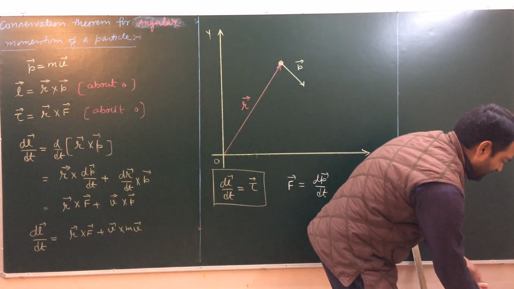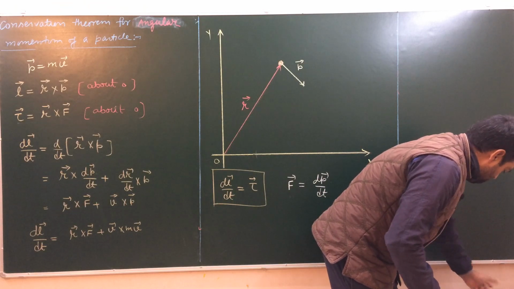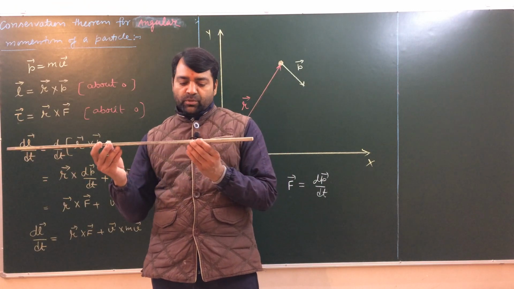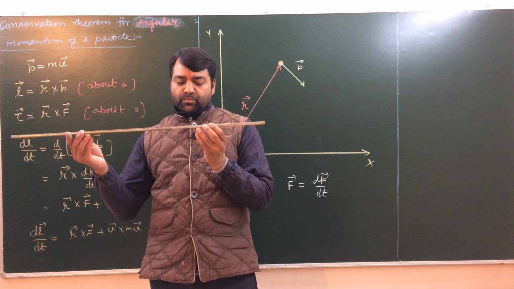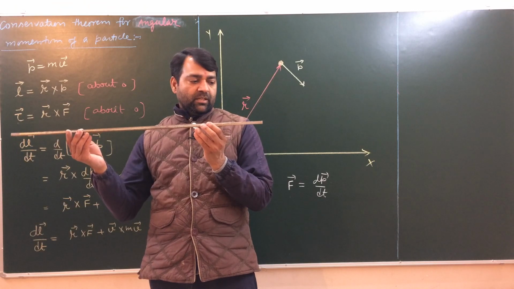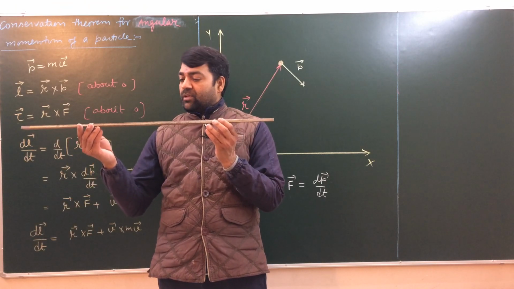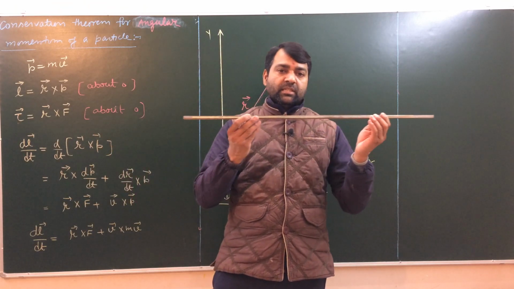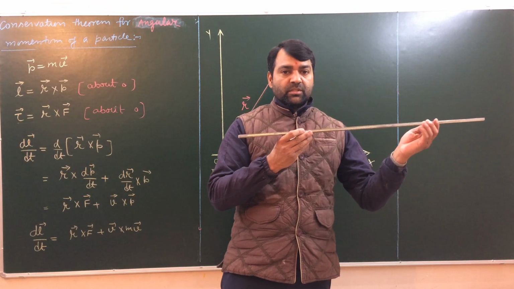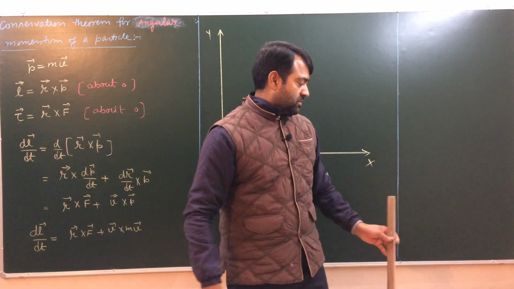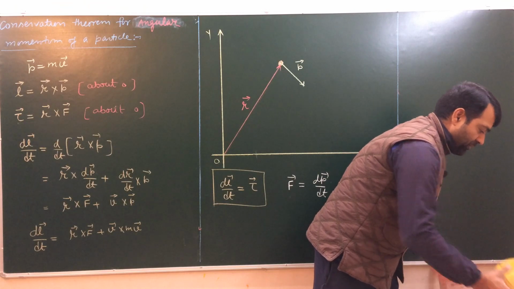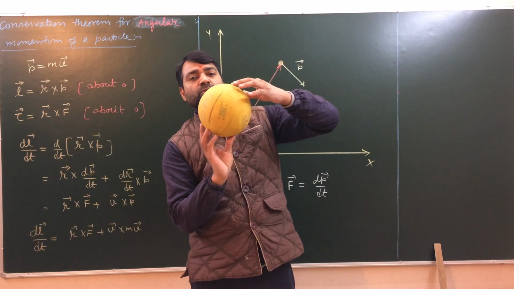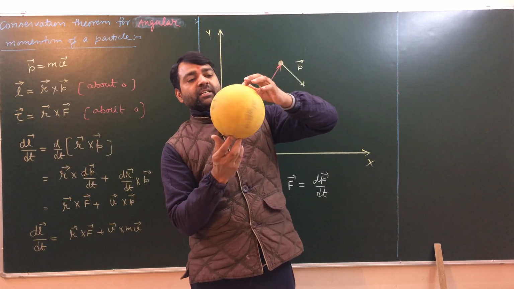Let me give an example. Say this is our scale, and if I would like to change its linear state, I want to move it with some velocity v. It means I am applying some force over this. To change the linear momentum, you need a force. And if I have a ball whose angular momentum is 0, to rotate it on its axis I need a torque.